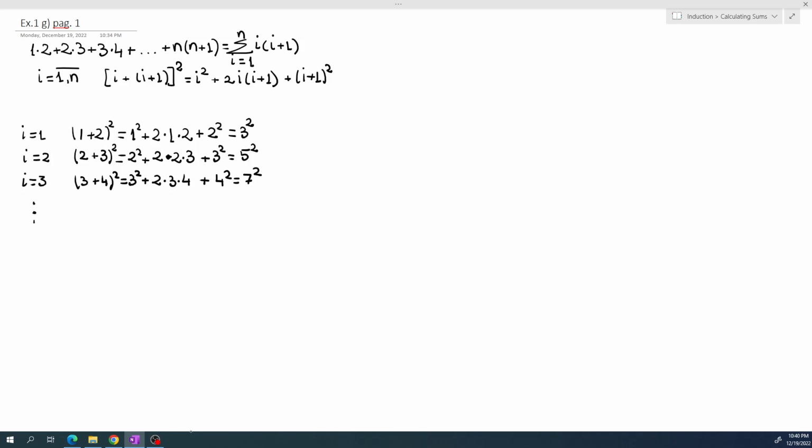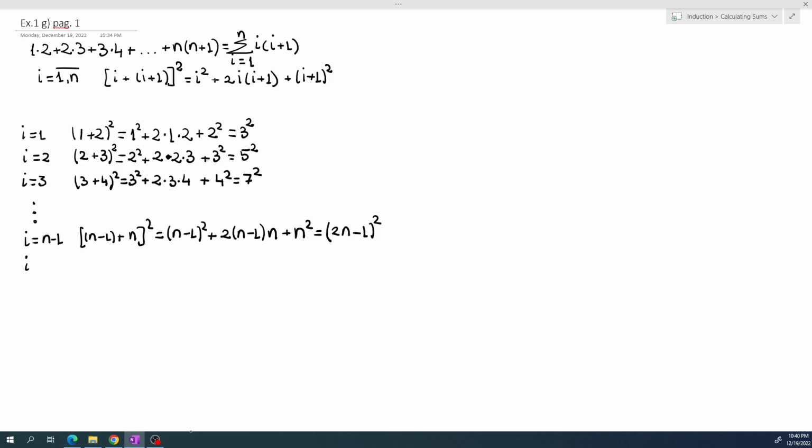And we go like this till i equal n minus 1, and I will have in here n minus 1 plus n minus 1 plus 1, it's n squared, it is equal with n minus 1 squared plus 2 multiplied by n minus 1 multiplied by n plus n squared, it is equal with 2n minus 1 squared.